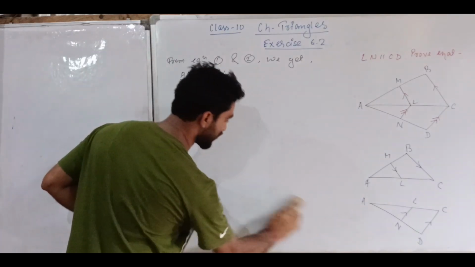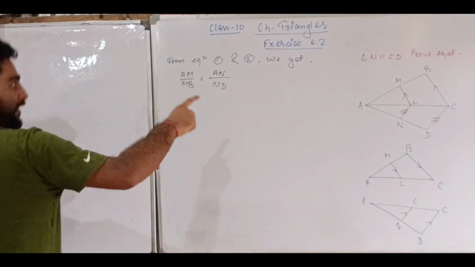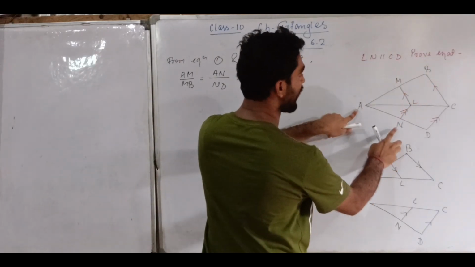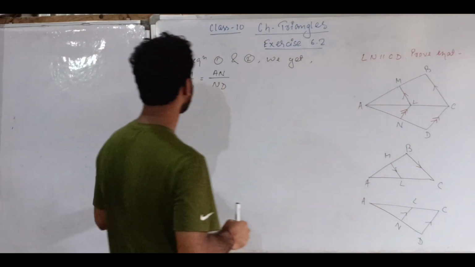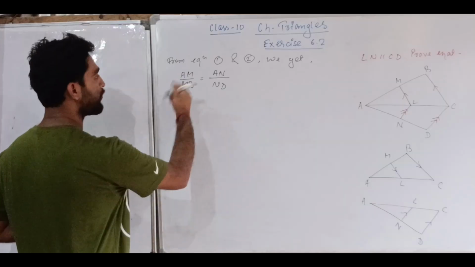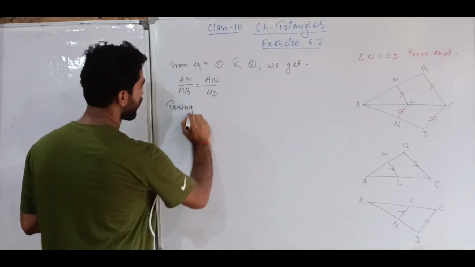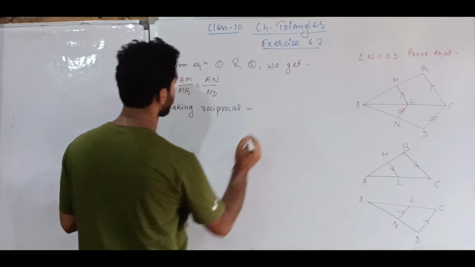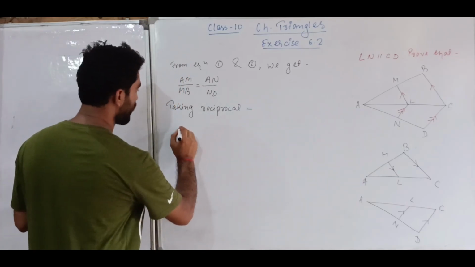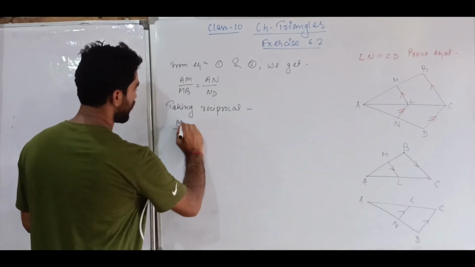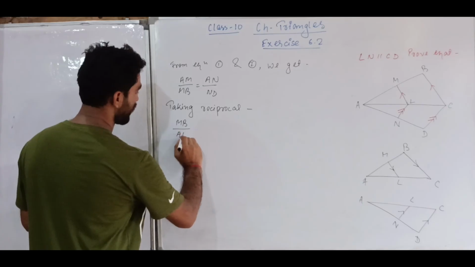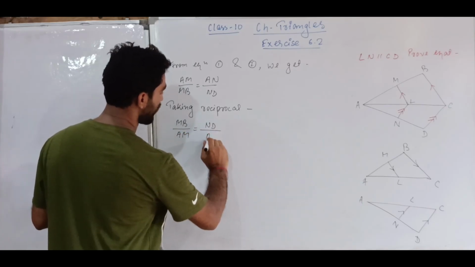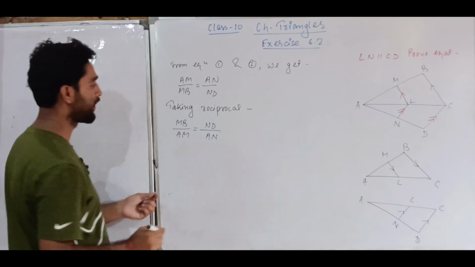But according to our question, we have to prove that AM divided by AB is equal to AN divided by AD. So how can we prove it? Now we have to take the reciprocal. If we take the reciprocal, what will we get? This will be MB divided by AM is equal to ND divided by AN.